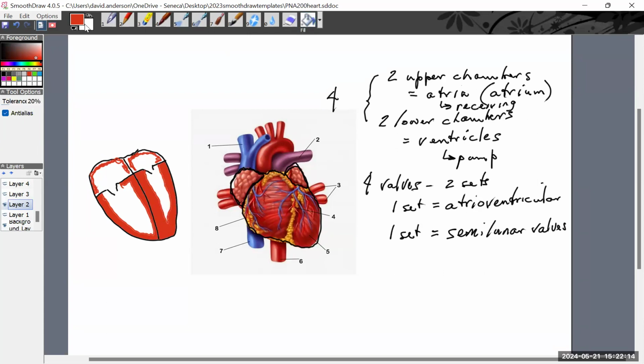So those red layers now represent the myocardium, okay? And our inner layer is going to be described, and it doesn't show up very well. Let's make it in green. So this inner layer now is our endocardium. Okay, inner layer.